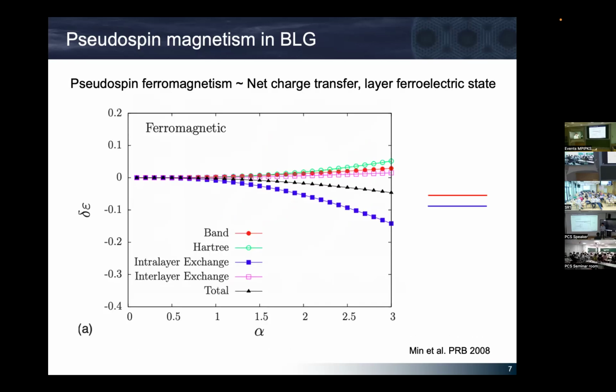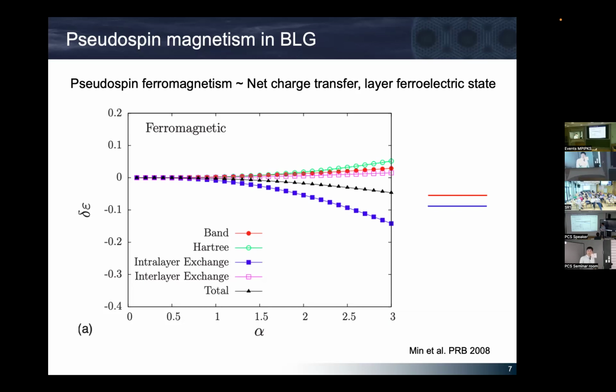The kind of broken symmetry that was proposed back then was this layer ferroelectric solution, that was also named pseudospin ferromagnetism, or pseudospin ferromagnetic phase, where the charge density favors either the top or bottom layer, spontaneously sloshing and breaking, so to say, the evenness of the carrier distribution.